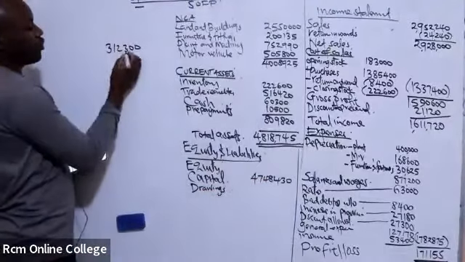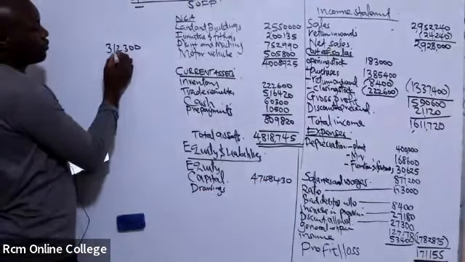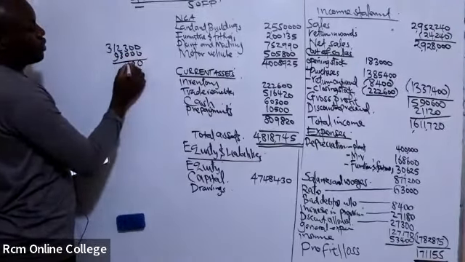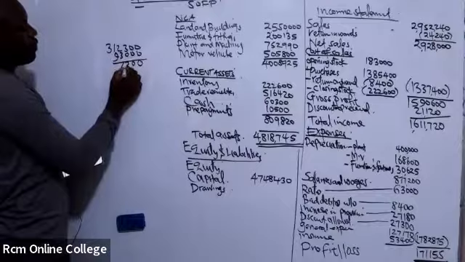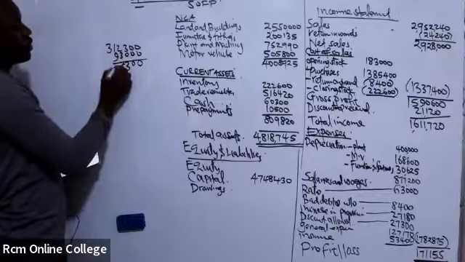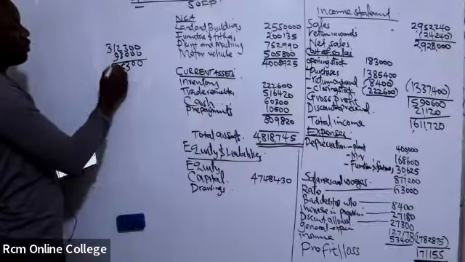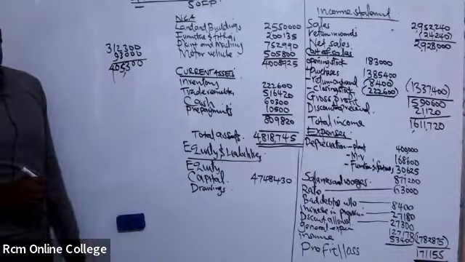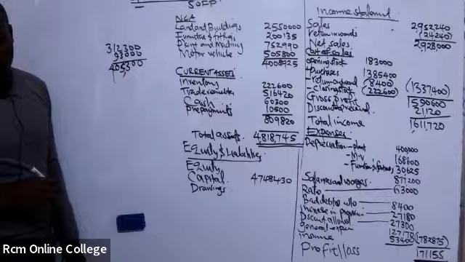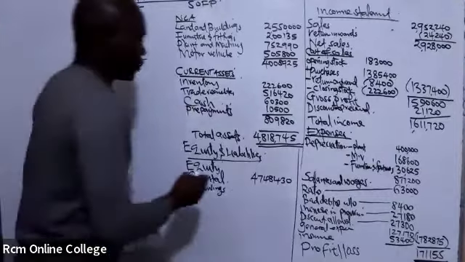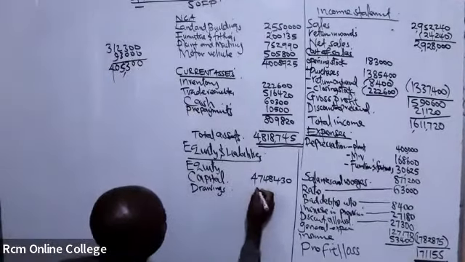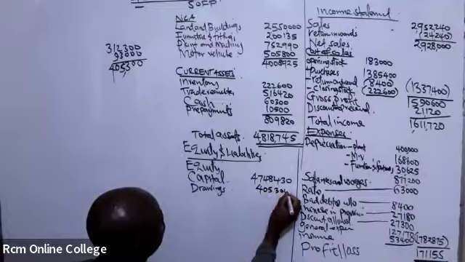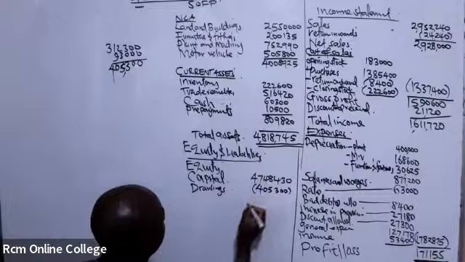So we add 93,000, which gives us 405,300. Are you getting that? Yes. So I want to put 405,300 as the drawings here, and of course, it will affect our capital.